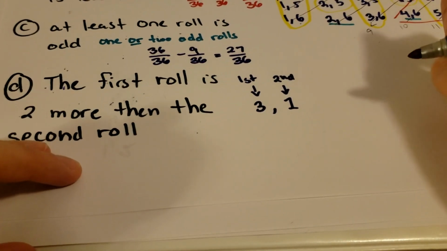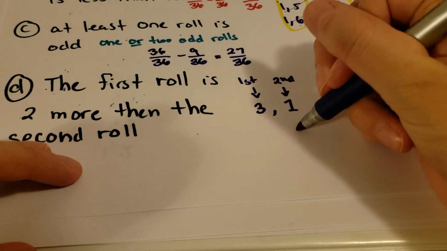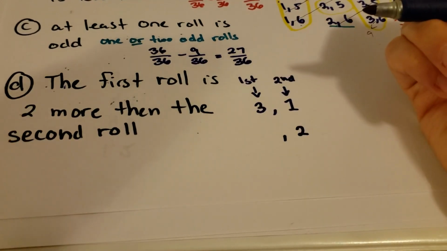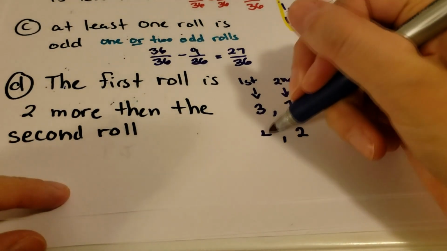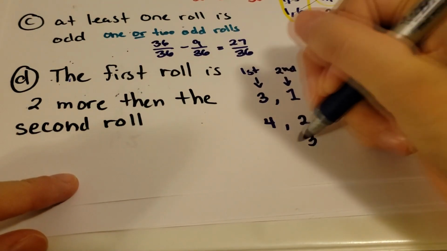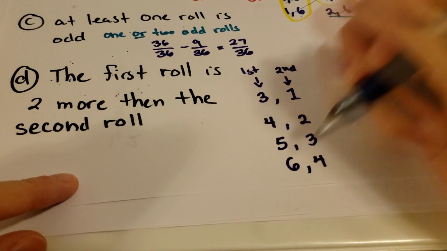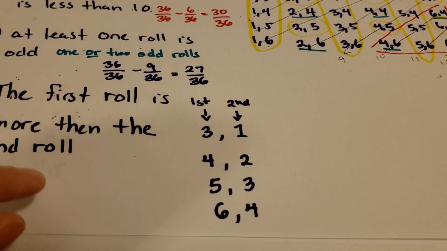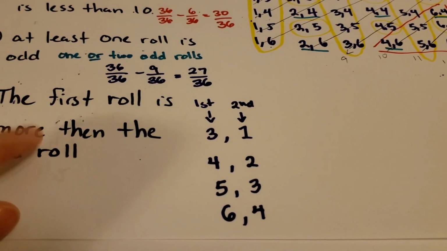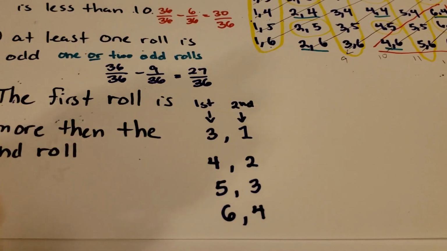So this is one possibility that we have. Now, if our second roll is 2 and our first roll is 2 more than that, then we'd have 4. Then we could end up with 3 and 5, and we could end up with 4 and 6, and then that's it. There are no other rolls where the first one is going to be 2 more than the second. Okay.